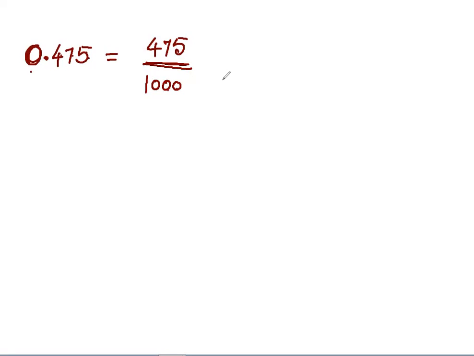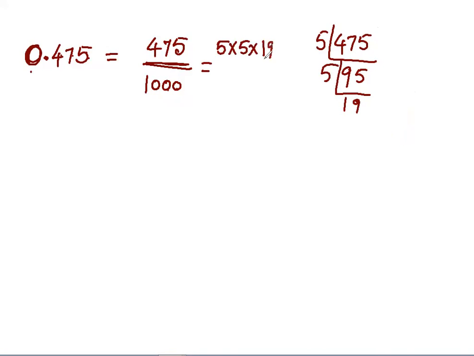Now I will write the prime factorization of 475. 5 9s are 45, 5 5s are 25, 5 1s are 5. So it can be written as 5 into 5 into 19.